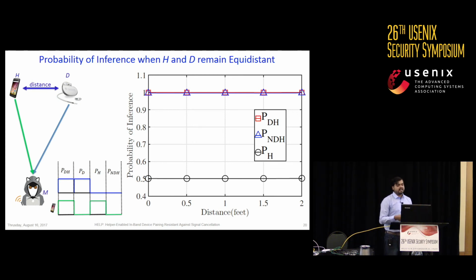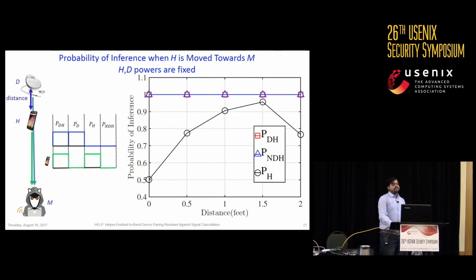And we observed that we still get similar trends as the previous experiment. Now when we move the helper towards Mallory and transmit a fixed power, Mallory is able to infer helpers on slot with almost certainty.